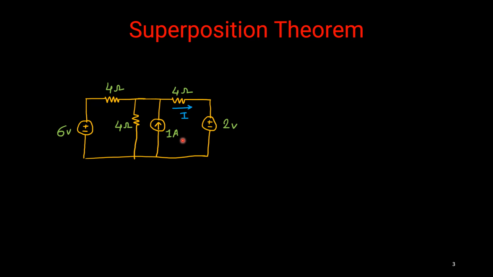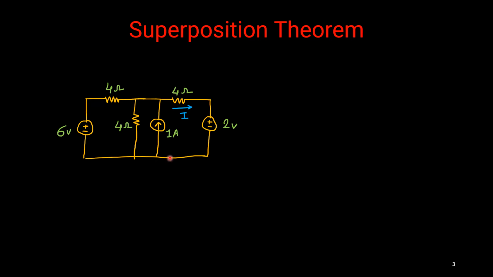Now superposition theorem says that if the circuit is linear and if the circuit contains more than one source, then we can consider one source at a time, keeping all other sources either short or open: voltage source short circuit and current source open circuit.